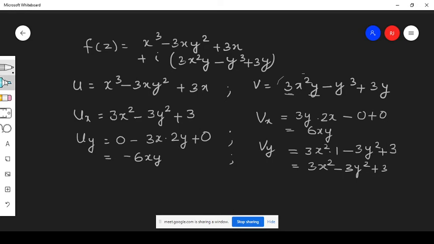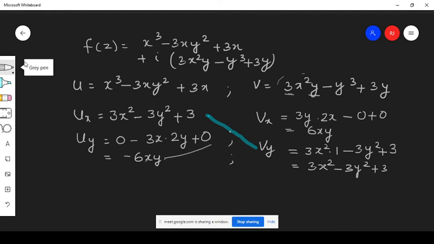Is there any relation you can see between ux and vy? Are they the same? ux is 3x square minus 3y square plus 3, and vy is the same, so ux is equal to vy. Now look at uy and minus vx. uy is minus 6xy and vx is 6xy.